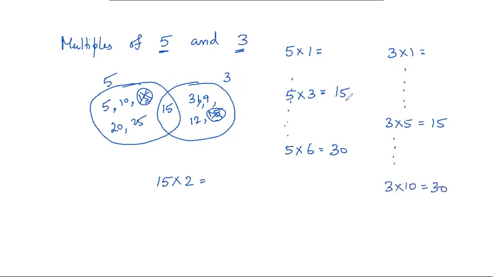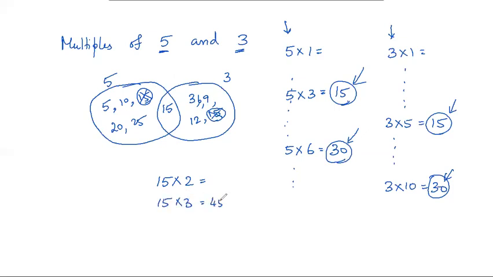Do we have it common now again? 15 and 15 in both. 5 table and 3 table, we have a 15. Right? Same way, 30 is there both here in the 5 table as well as in the 3 table. So this is also another common multiple. Correct? So which will be the next common multiple? I can dare say it is going to be 45, because 15 3 times is 45.